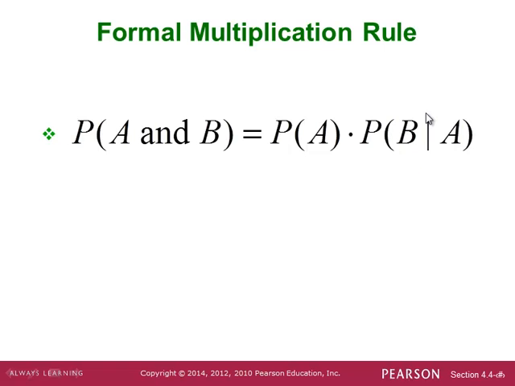Now, if it turns out that those two events are independent of each other, then the second probability would be the probability for B, and that's it. Because the probability for B given A, again, if A and B are independent, will just be the probability of B.